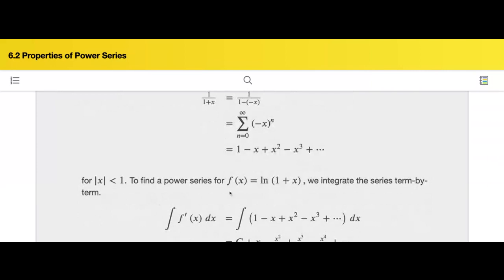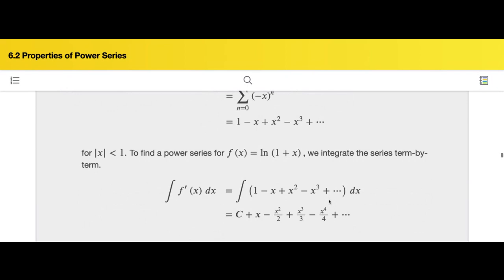Then to find the power series for ln of 1 plus x, we can integrate, right? We can integrate the power series term by term. That's the beauty of it. So now integrate f prime of x. It's the same as integrating the power series, so we can integrate it term by term.